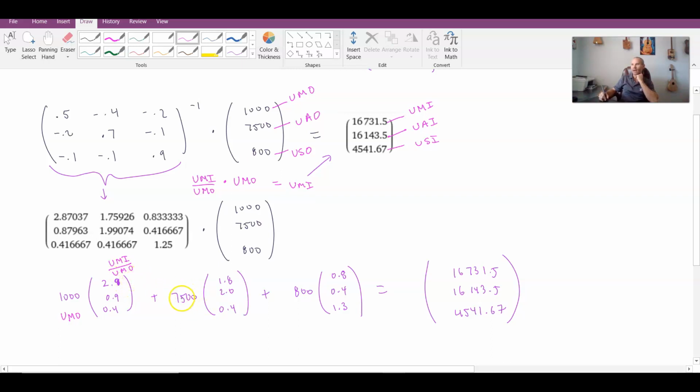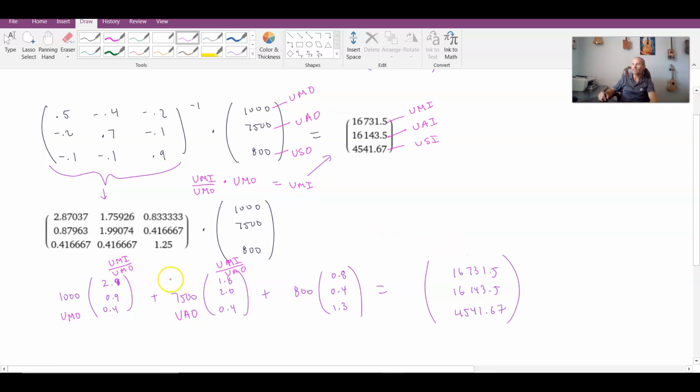Now here, the 7,500 could be thought of as the units of agricultural output that we need to give to the city, which means that there are going to be 1.8 units of manufacturing input required for 1 unit of agricultural output. So this is going to tell us what sensitivity changes in final demand are going to create on our final output.